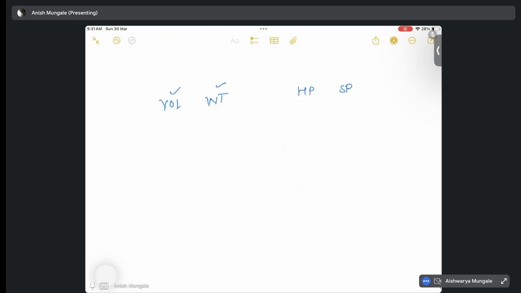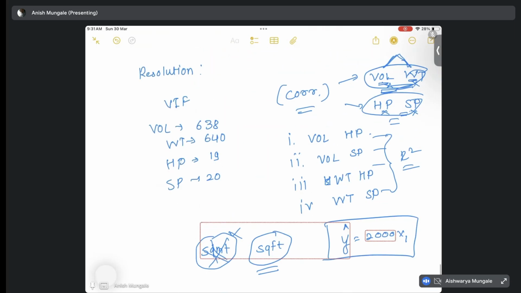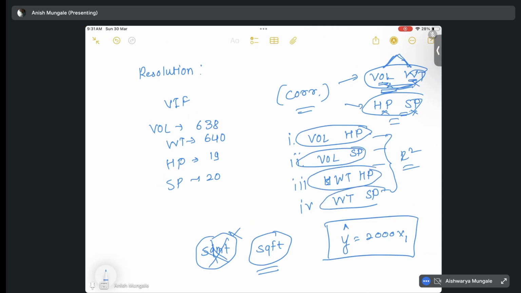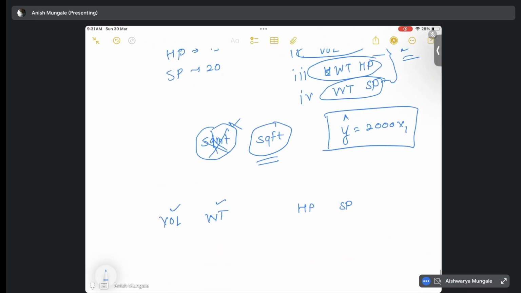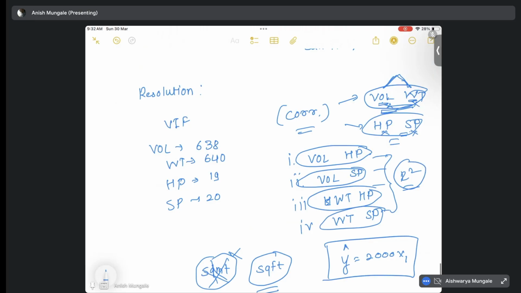So in order to check that, I will build all the models with all combinations, and out of that, whichever has the higher R square value, I'll keep that and discard the rest. Is this clear?